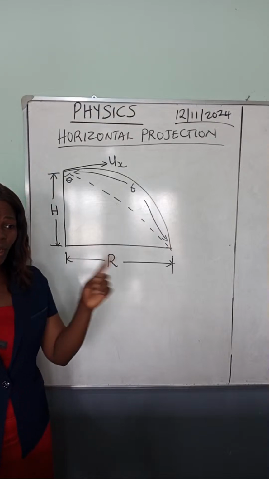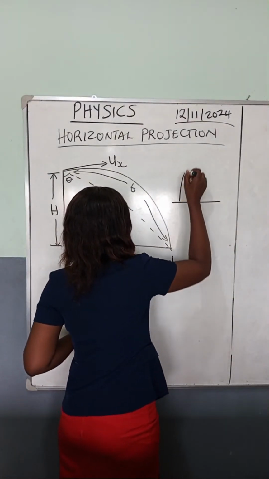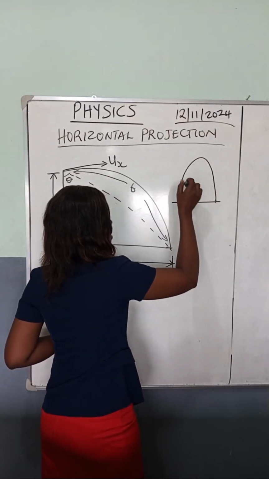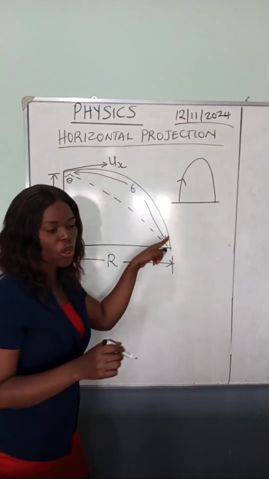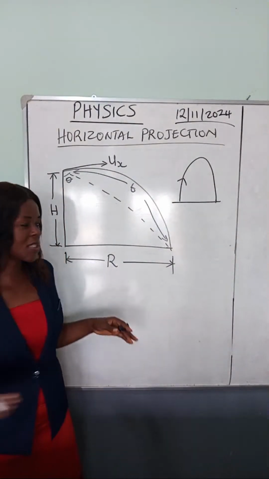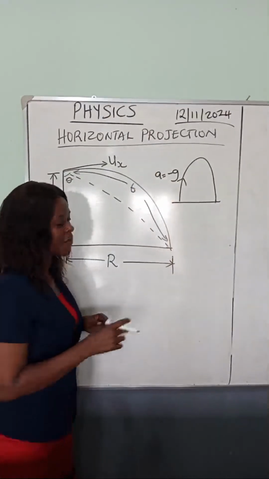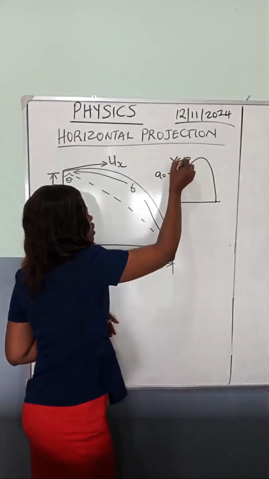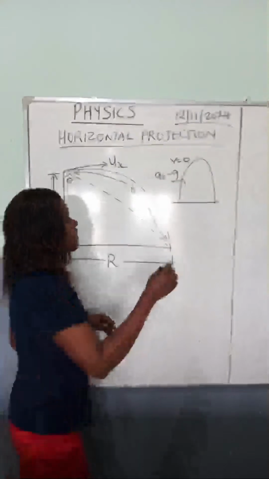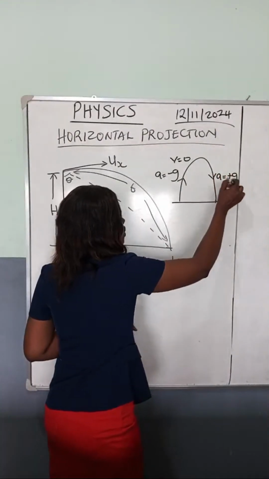We are going to be using the equation of motion under gravity. And let me do a recap of motion under gravity. If an object is going up, it is moving against the force of gravity. So a is equal to minus g, and final velocity is equal to 0. But if an object is coming down, it is moving towards the force of gravity.